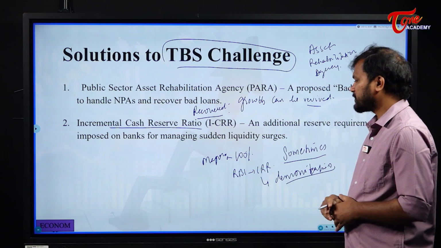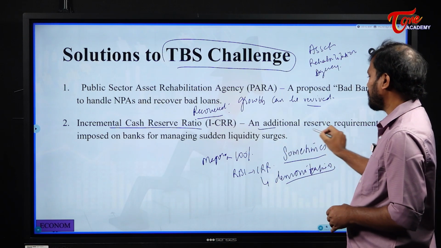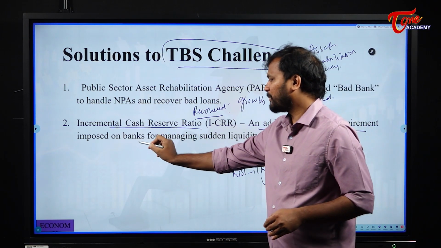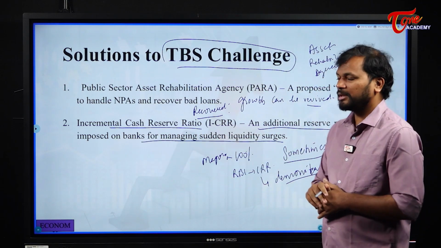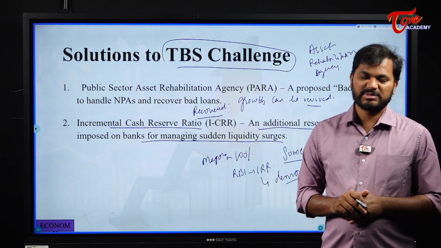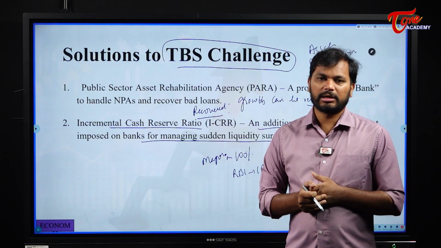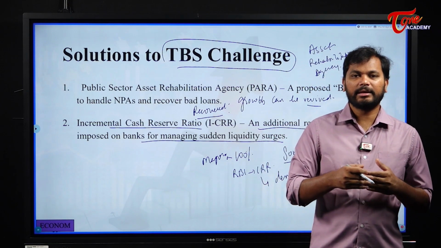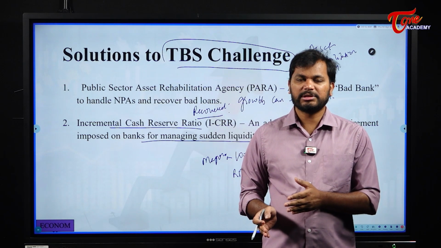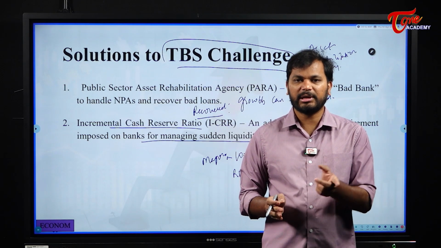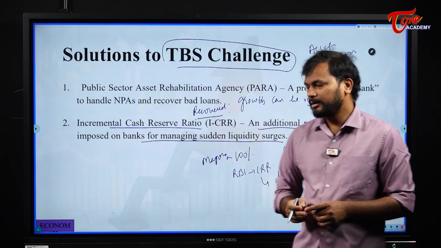Incremental CRR is an additional reserve requirement imposed on banks for managing sudden liquidity surges. It happened during the demonetization, where the entire amount deposited in the bank was taken away by the RBI in the form of the CRR. Clear? Next.